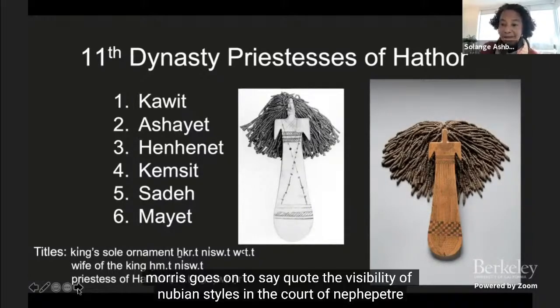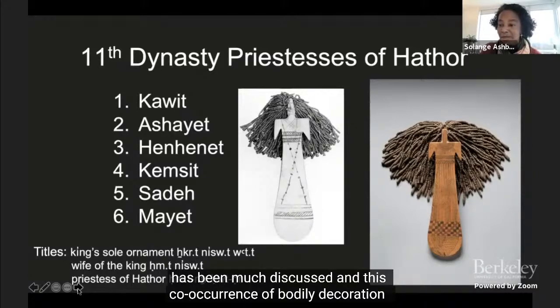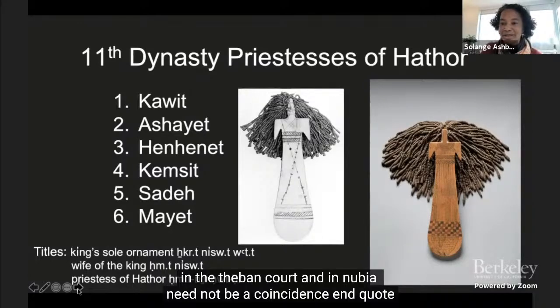Morris goes on to say, quote, the visibility of Nubian styles in the court of Neb-Hepet-Re has been much discussed, and this co-occurrence of bodily decoration in the Theban court and in Nubia need not be a coincidence, end quote.